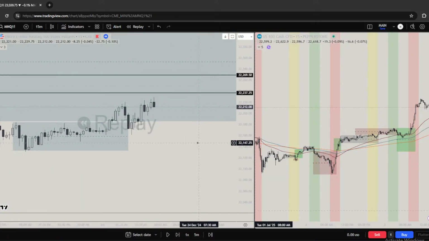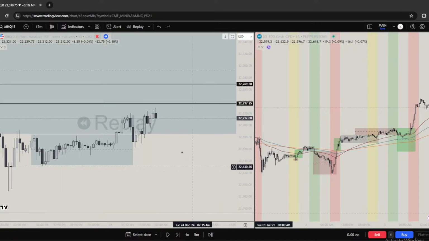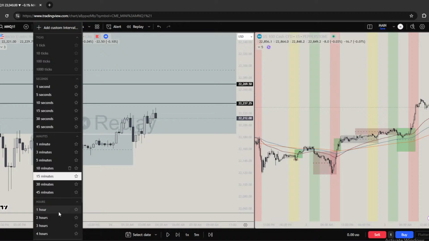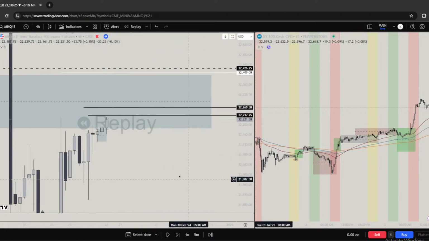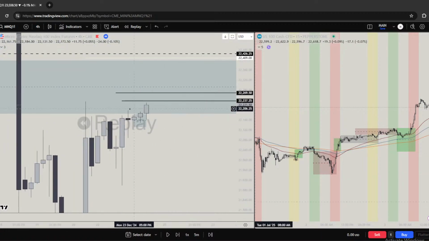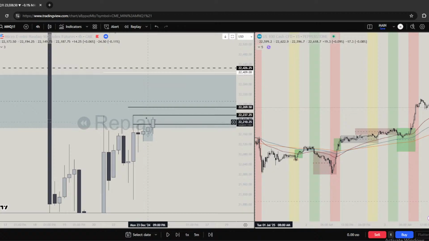Let's see what price reacted at here. This is the placement right here. We drafted off this FVG. Took out these highs here. Yeah, I'm looking for price to reverse here.